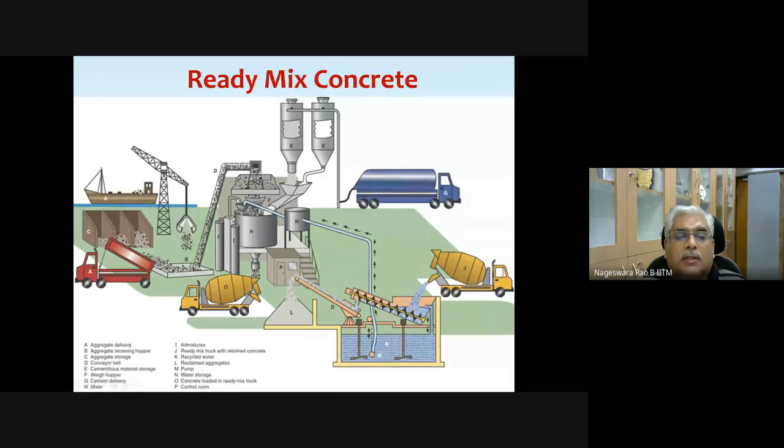Those admixtures also will be added into the mixture, and water is coming from here, N. And sometimes we may make use of recycled water, given all these green ratings. Recycled water is K.